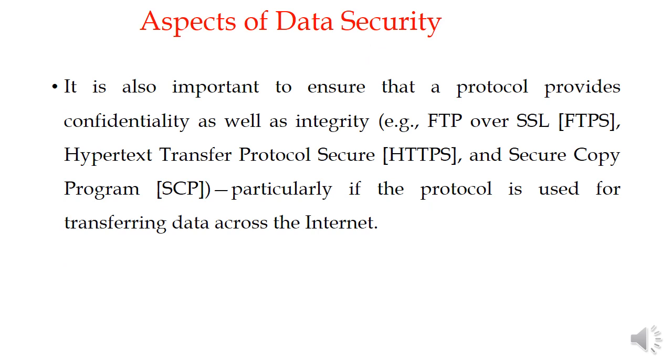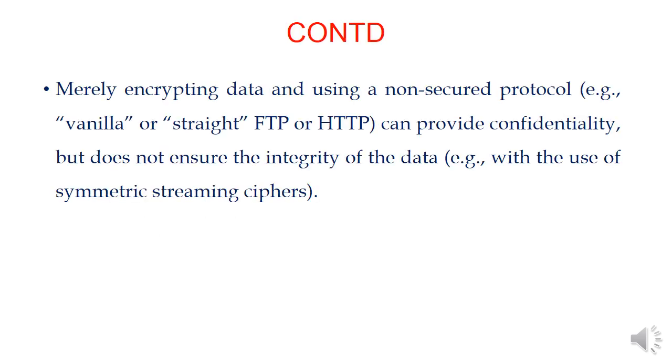Regarding aspects of data security, it is important to ensure that a protocol provides confidentiality as well as integrity, such as FTP over SSL, Hypertext Transfer Protocol Secure (HTTPS), and Secure Copy Program, particularly if the protocol is used for transferring data across the internet. Merely encrypting data and using a non-secure protocol can provide confidentiality, but does not ensure the integrity of data.